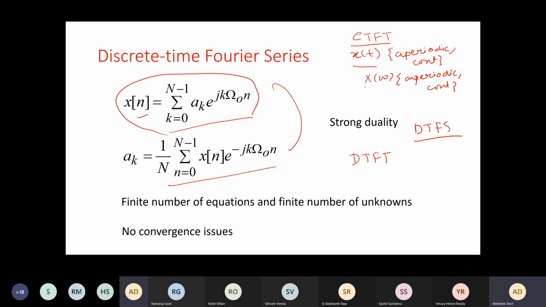There was no duality in DTFT, but there was a duality between DTFT and CTFS. We have seen this, a very strong duality. So in DTFS there should also be a strong duality, because the nature of the signal and the transform both have the same shape, same form.